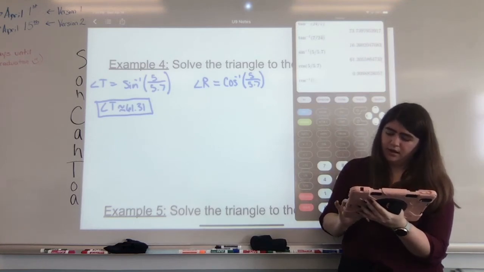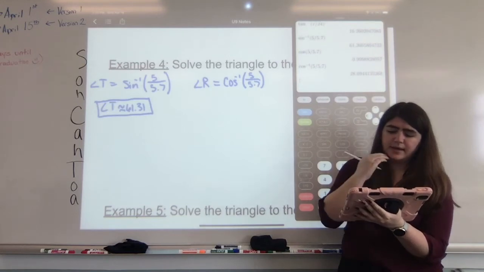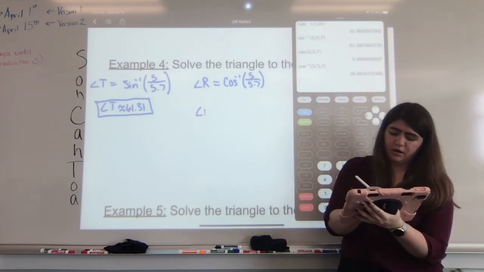Let's try that again. Inverse cosine of 5 over 5.7 is approximately equal to 28.69. So angle R is approximately equal to 28.69 degrees.